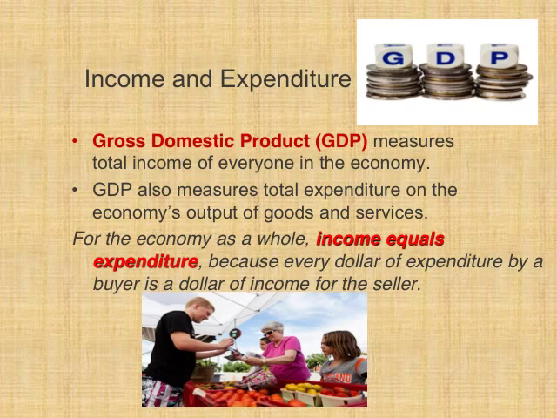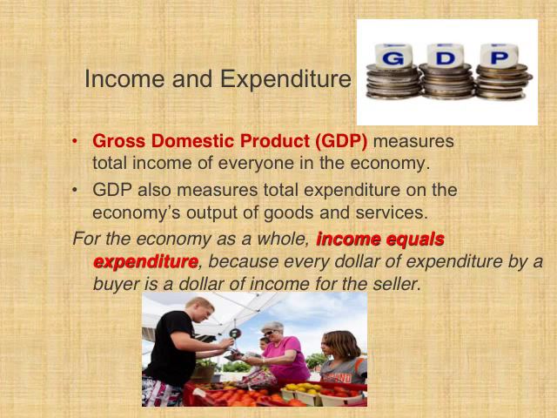Thus, while judging whether the economy is doing well or poorly, it is natural to look at the total income that everyone in the economy is earning. This is precisely what GDP does. It measures the health or performance of the economy.